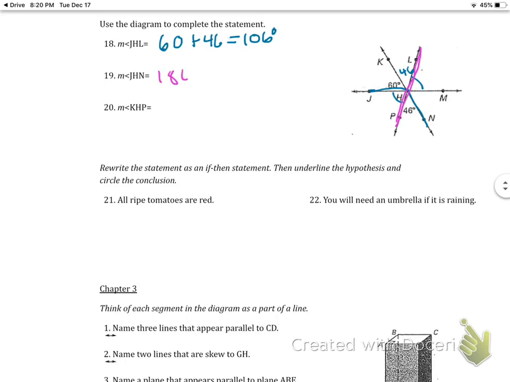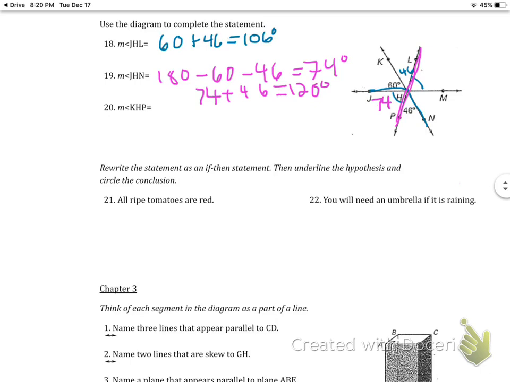So I can do 180 minus 60 minus 46, which gives me 74. And then once we have that 74, which we know is this portion here, we know the answer is going to be 74 plus 46, which gives me 120 degrees.